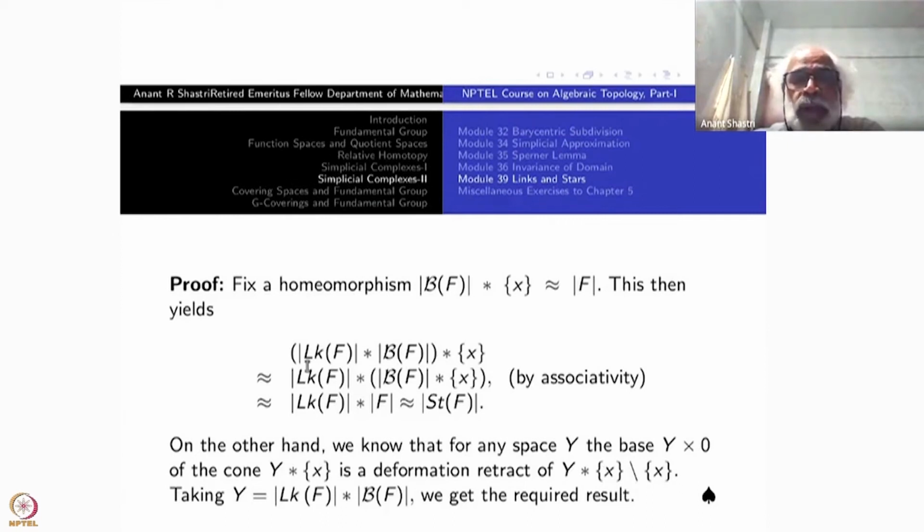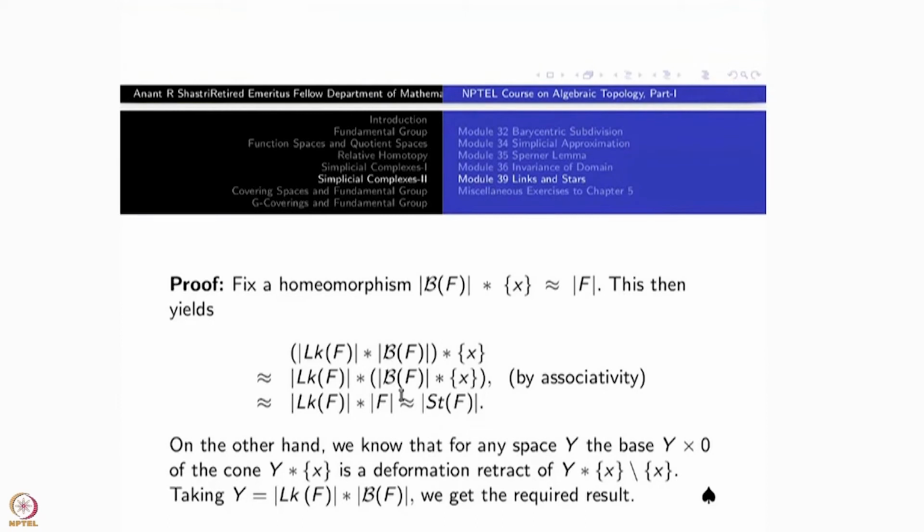Take Y here to be link of F joined with the boundary of F. This is the base and that is the cone. So the conclusion is that the star of F minus this point will deform retract onto this part. We have developed these things earlier in the abstract, so I am applying it in the special case here.